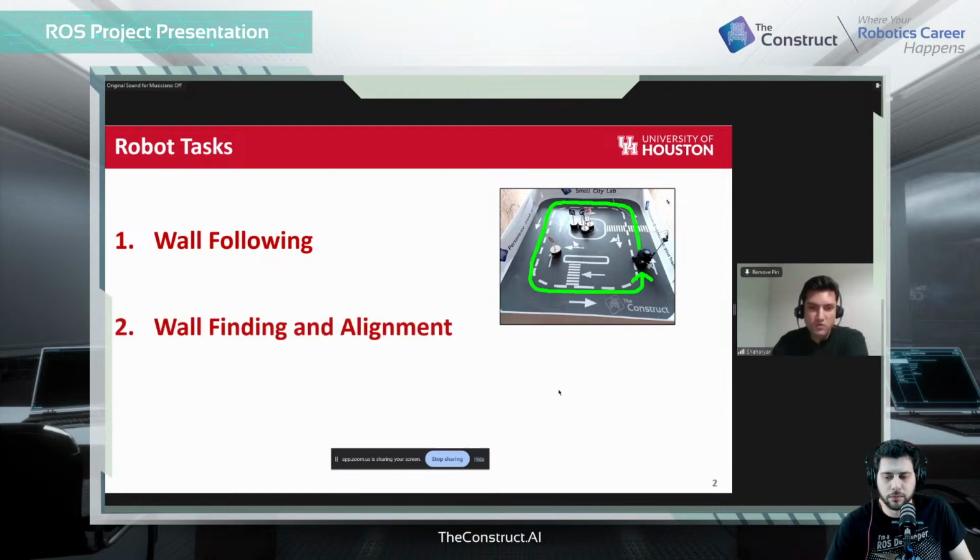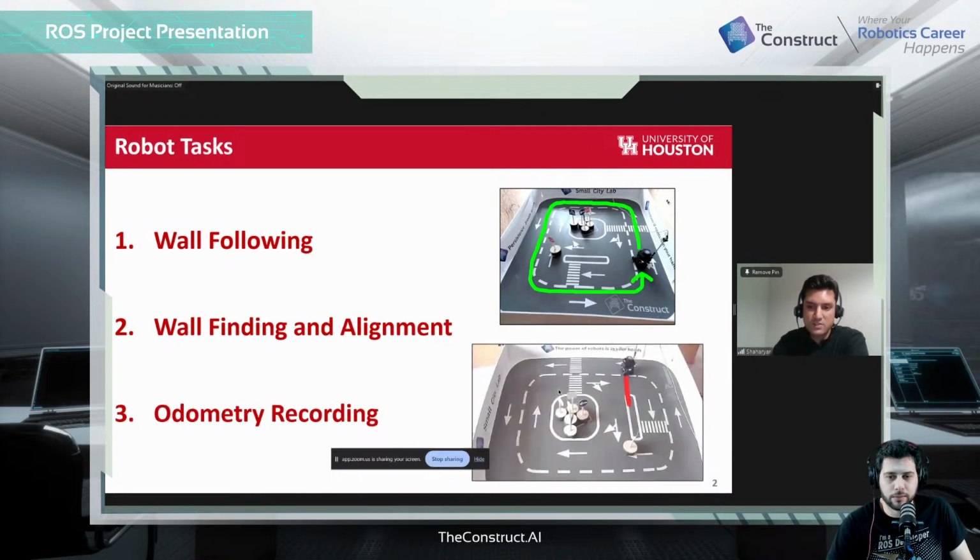The second task was wall finding and alignment with the wall: after finding the nearest wall, it would start the wall following procedure. And the third task was odometry recording, in which the robot records odometry and completes one lap, and after that it stops while following the right wall.